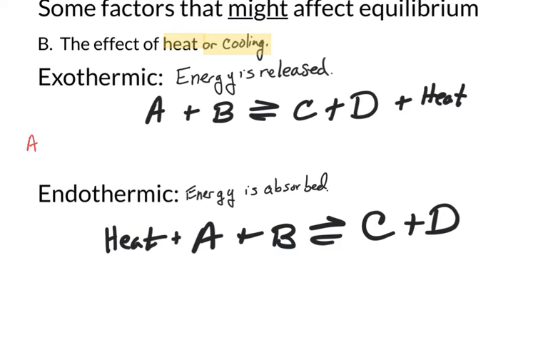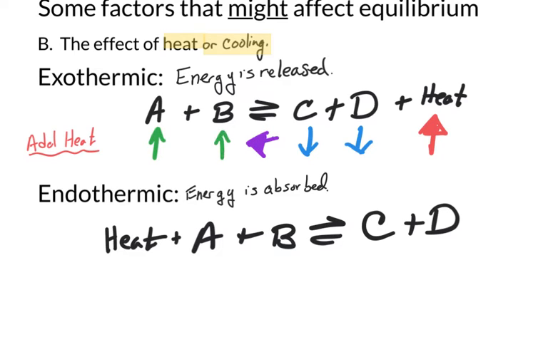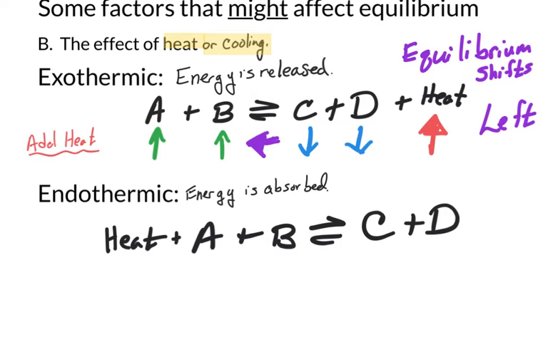First, we'll look at the exothermic reaction where heat is a product. If we add heat to the system, we're going to see that C and D will both decrease because they're going to try to fix what the added heat was. That means that the equilibrium will shift to the left, creating more A and B, creating more reactant. So we have a shift to the left if we add heat to an exothermic reaction.